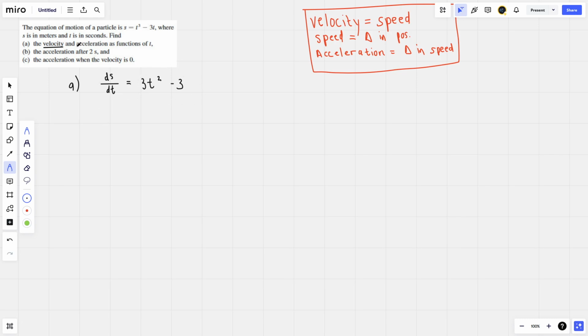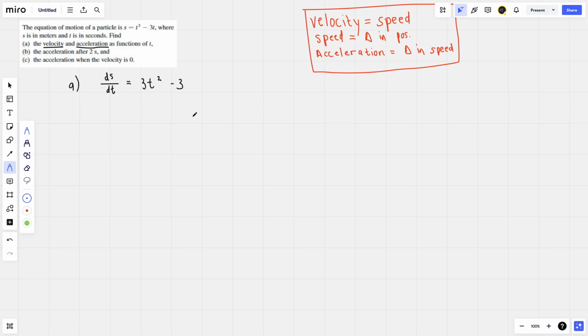Now, they also wanted acceleration. Well, what is acceleration? I said that speed is just the rate of change in your position. Well, acceleration is just the rate of change in speed. And we know that to get the rate of change of something, we take the derivative.